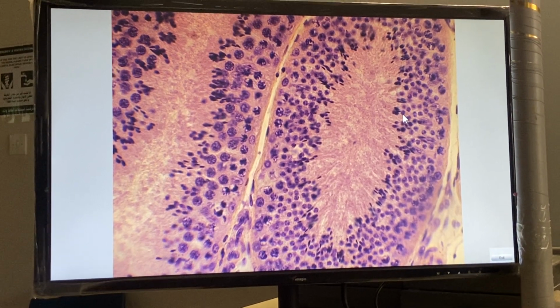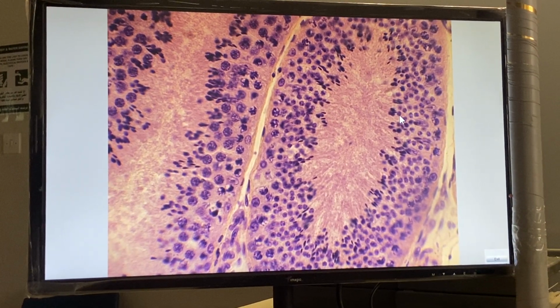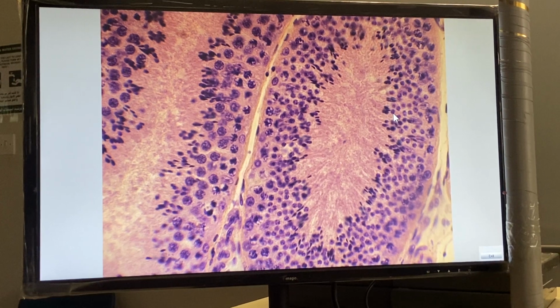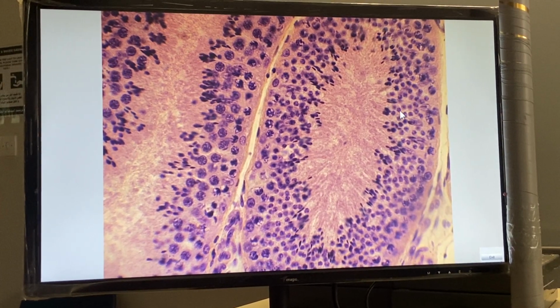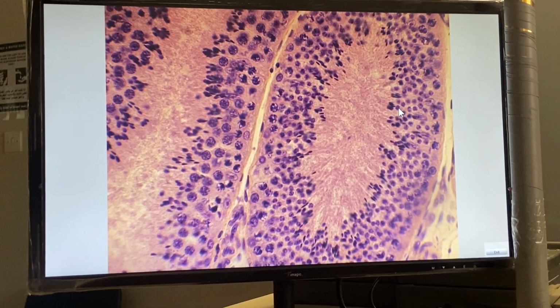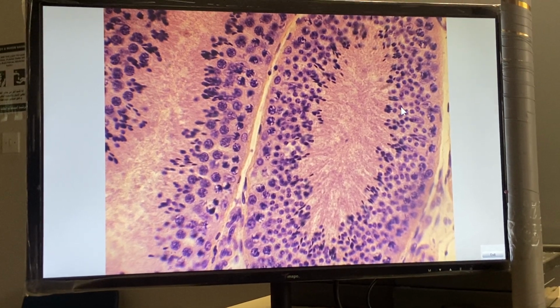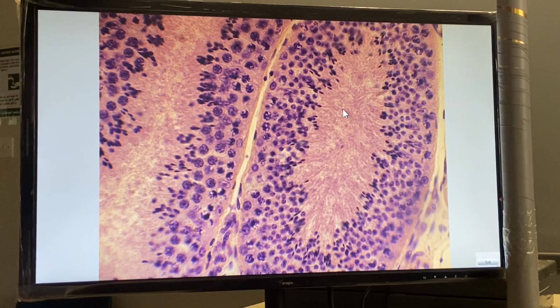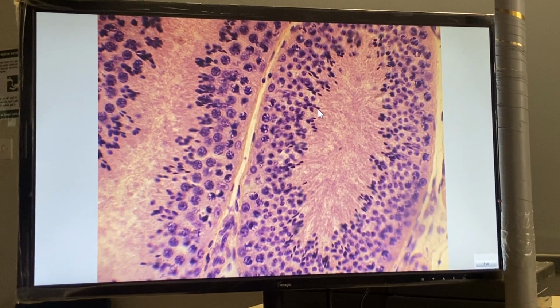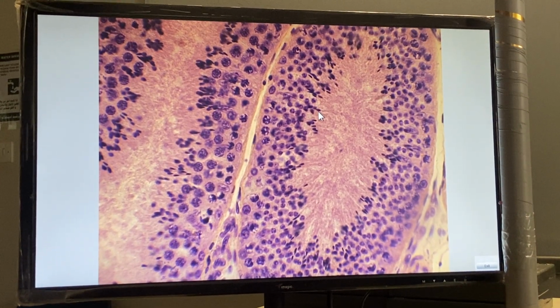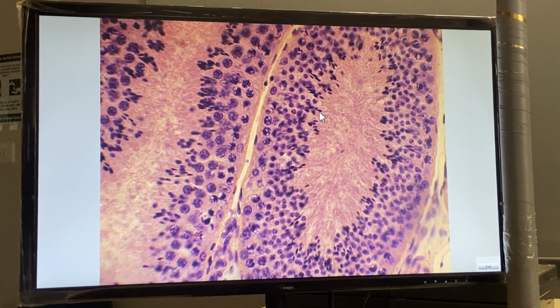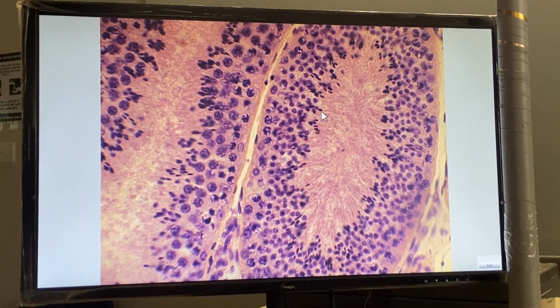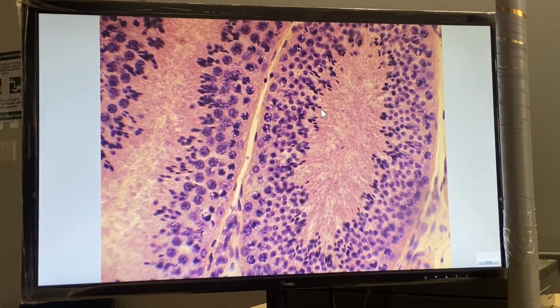Early spermatid has haploid number of chromosomes. They are small, rounded structures. Early spermatid. Near the lumen, at the tip of the pointer, we can see the late spermatid appear as elongated and darkly stained.